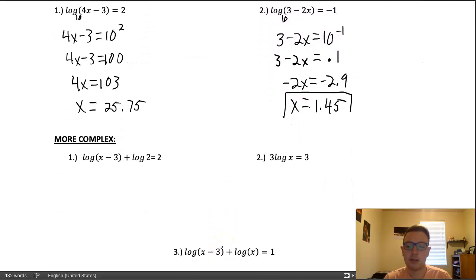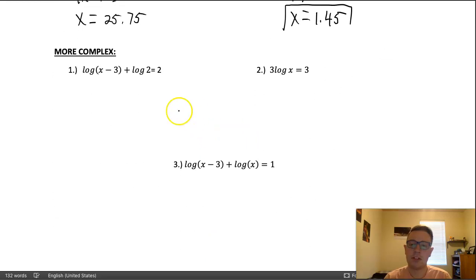Now we can also do this with slightly more difficult problems. Something like log of x minus 3 plus log of 2 is equal to 2. Now we're going to need to combine these logarithms before we do anything. These are two logarithms that are added together, meaning that we can multiply the insides together. Log of 2 times x minus 3 is equal to 2.